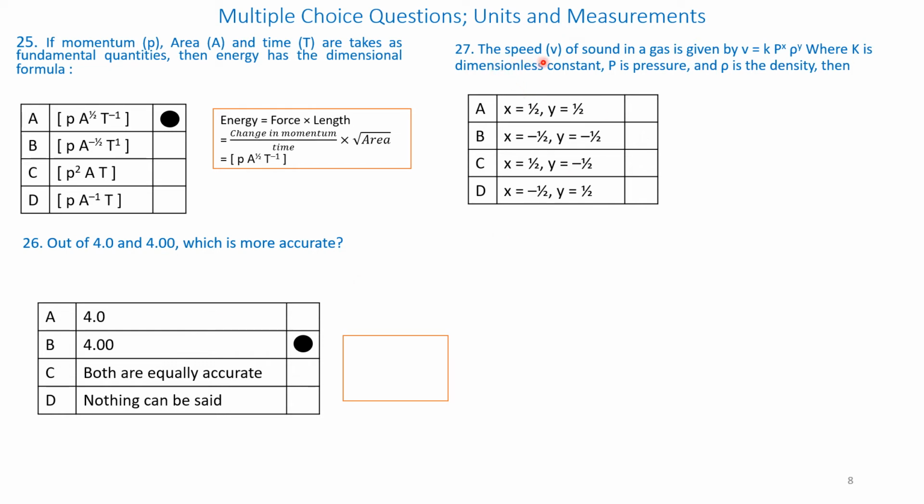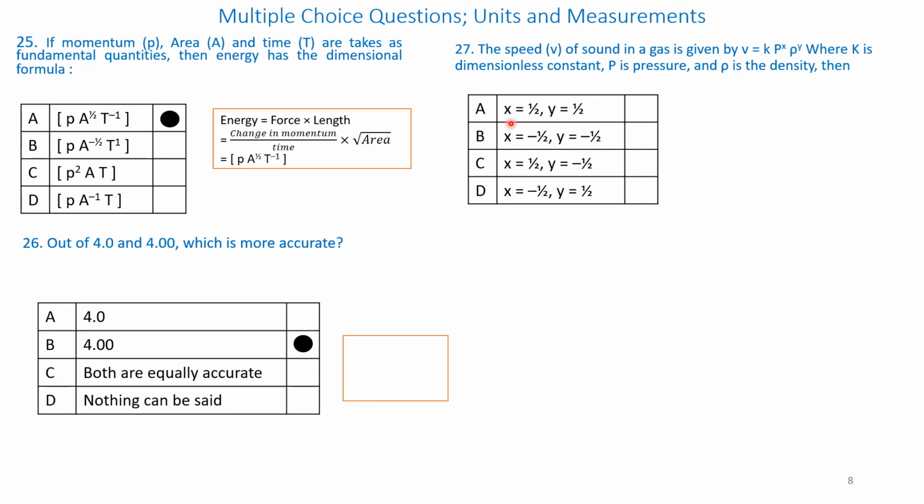Question number 27. Speed v of sound in a gas is given by v is equal to k into p to the power of x rho to the power of y, where k is a dimensionless constant, p is the pressure, and rho is the density. Then we have to find the value of x and y.